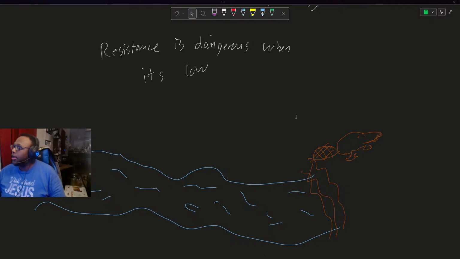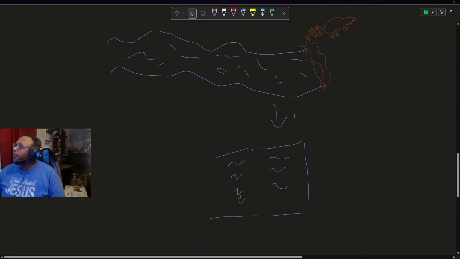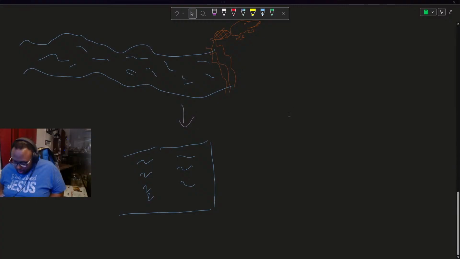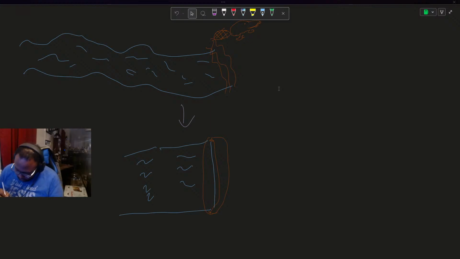Hold up, y'all can't see it. So we have the dam built up, and we have a stalled river. But let's say the dam springs a leak one day. Now, the amount of water doesn't change, right?